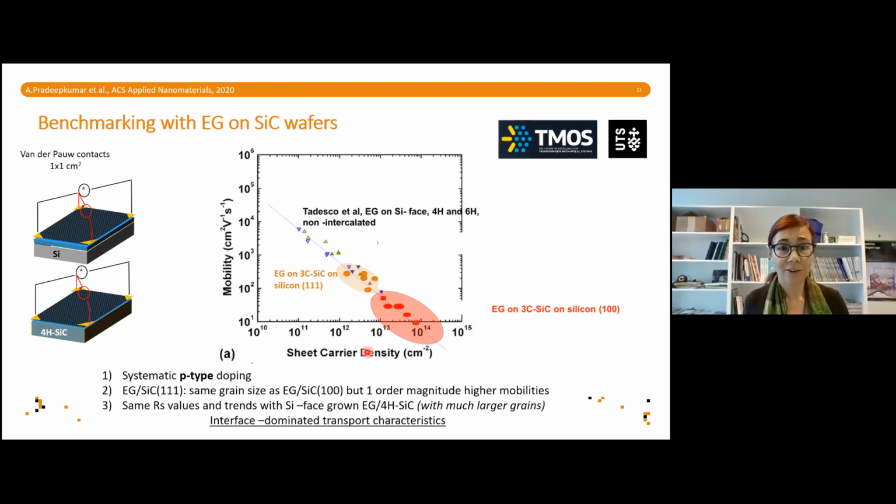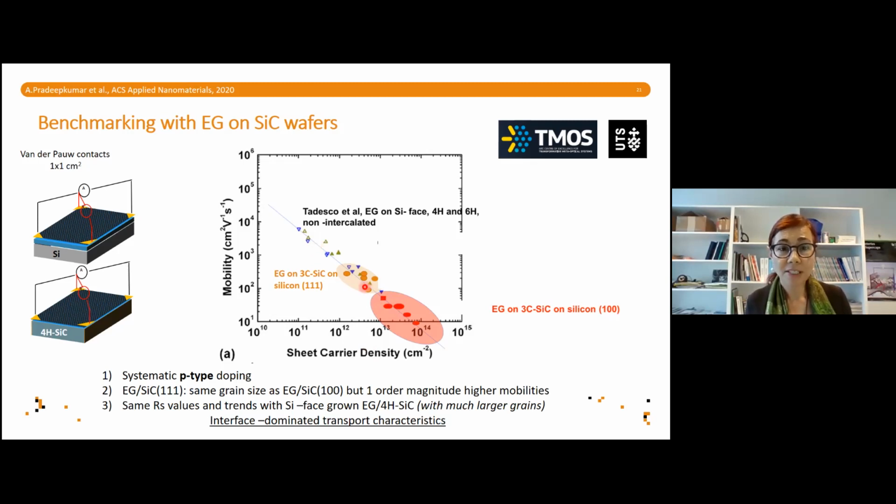So how much carrier density do you have in your material, and what is causing that high sheet carrier density? This is what we wanted to understand a little bit more. What was really quite surprising, probably not that surprising in hindsight, is that this material has only about 100 nanometer grain size, and these other materials have micron sizes in terms of grain size.